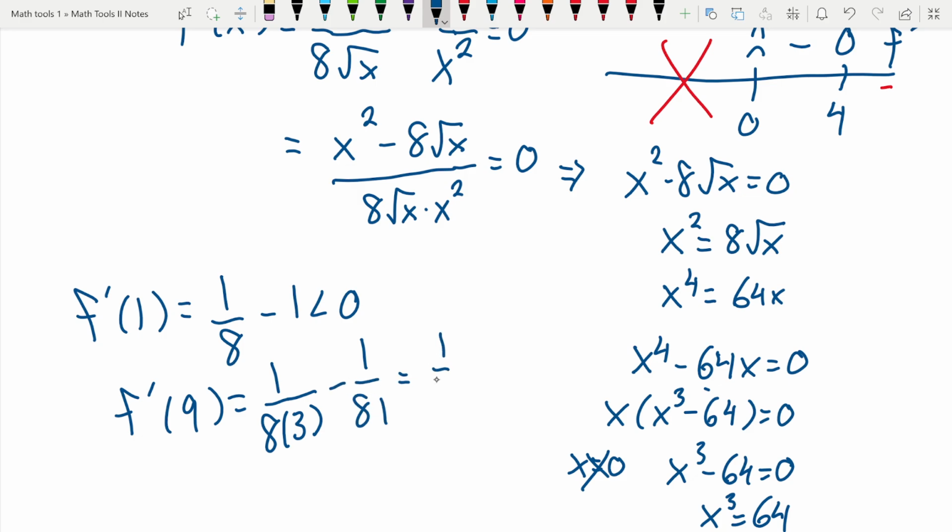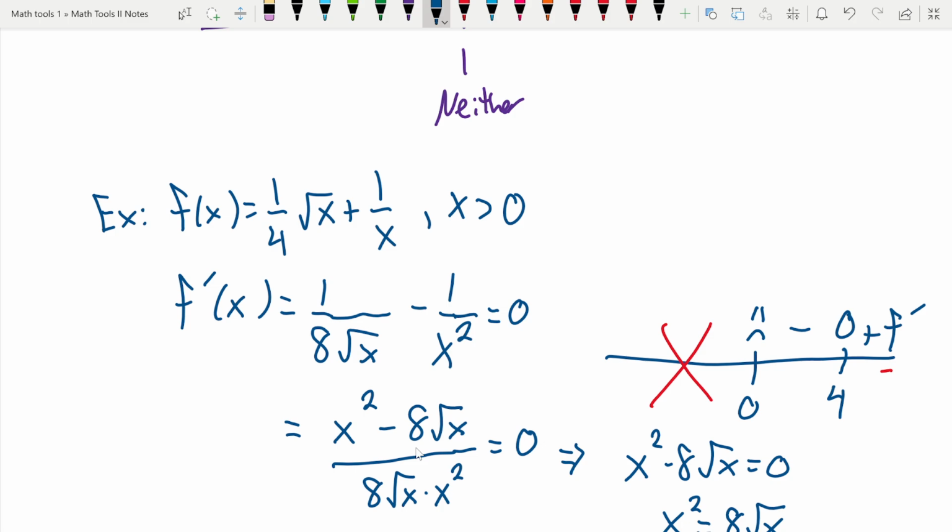So this is going to be 1/24 minus 1/81. So again, you don't need the actual value. That one's of course going to be positive because 1/81 is less than 1/24 since they're both in the denominator. So it's going to be positive to the right of 4 here.